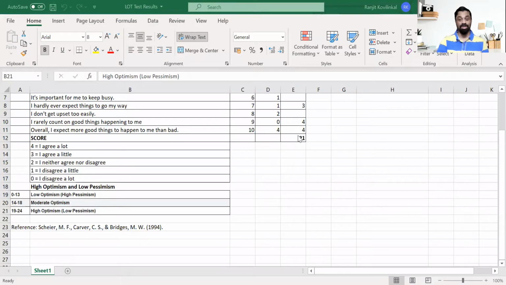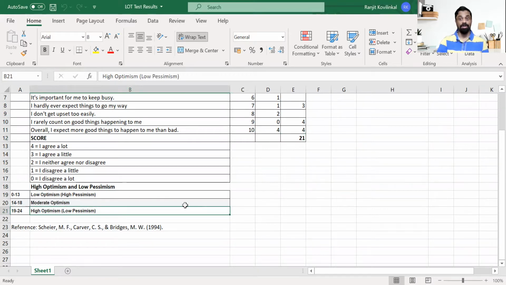So if you look at the dispositional style of optimism, I will share the screen so that you can look at my test scores. So these are the scores with respect to my dispositional optimism. I have scored 21, which means to say that I am high on optimism and low on pessimism.